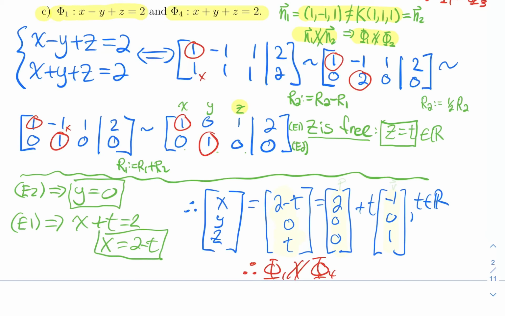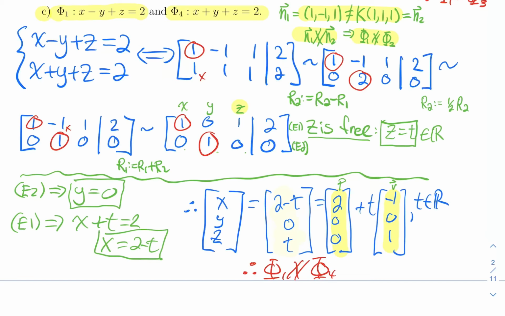When you have two planes that are not parallel, at the intersection we have a line, and the canonical form of the general solution is a vectorial equation for the line, where the support point would be 2, 0, 0. This would be the P, and then the V part, the generator V here, would be minus 1, 0, 1.